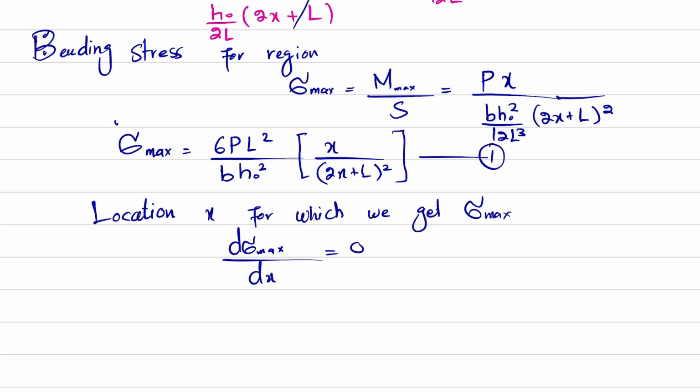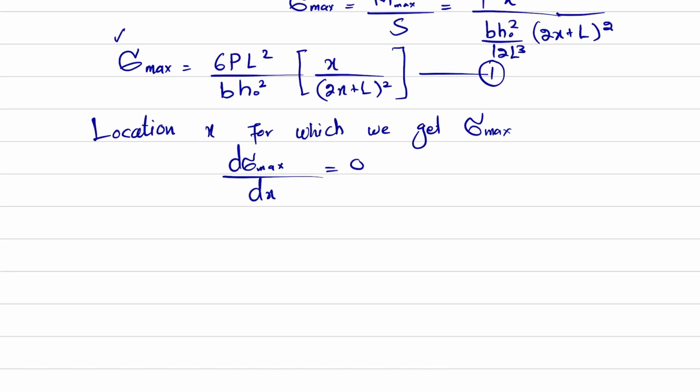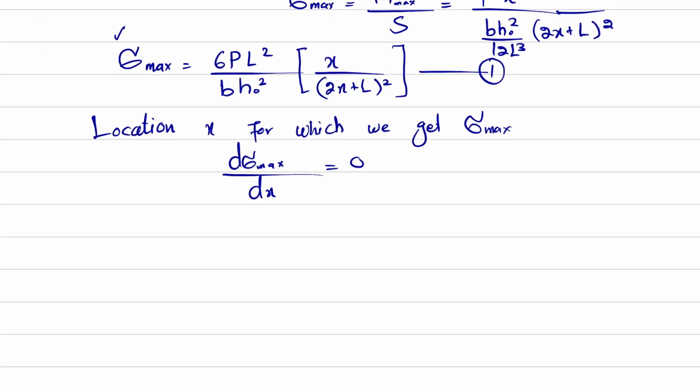We will take the derivative of this and equate it equal to 0. So let's do it.